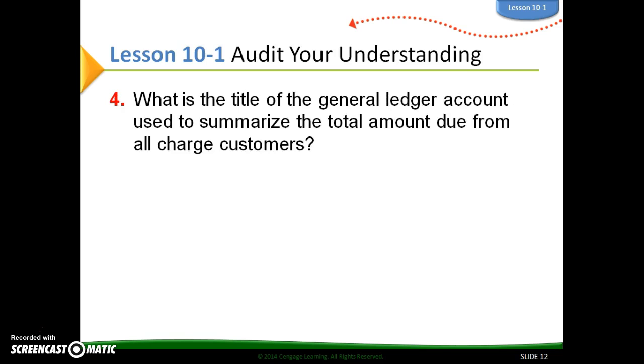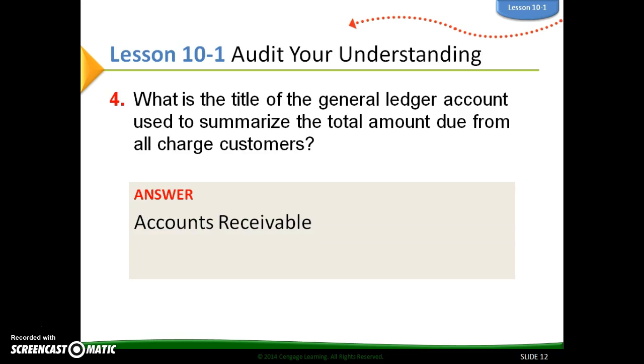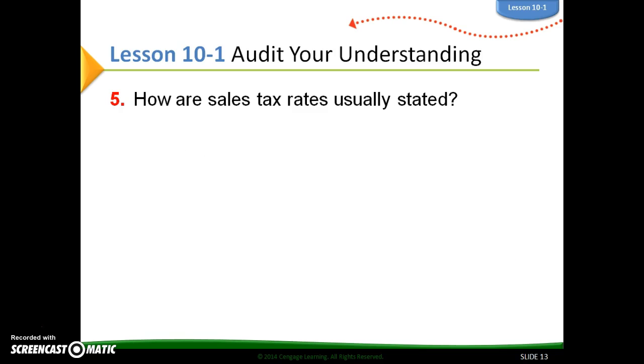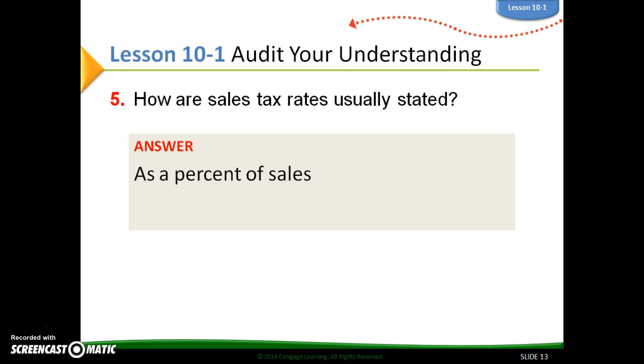What is the title of the general ledger account that's used to summarize the total amount due from all charged customers? That's accounts receivable. And how are sales tax rates usually stated? Sales tax is always a percentage of sales. And in the state of Wisconsin, you're looking at 5.5%.